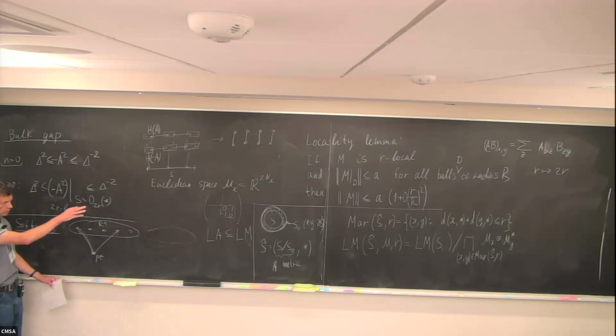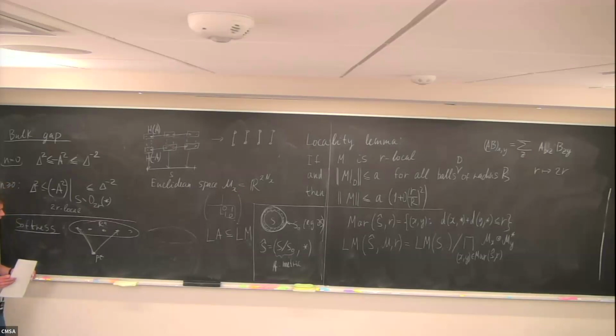Actually, local matrices defined in this way with the quotient form a covariant functor, which means that given a map of two metric spaces, there is a map of the corresponding spaces of local matrices.